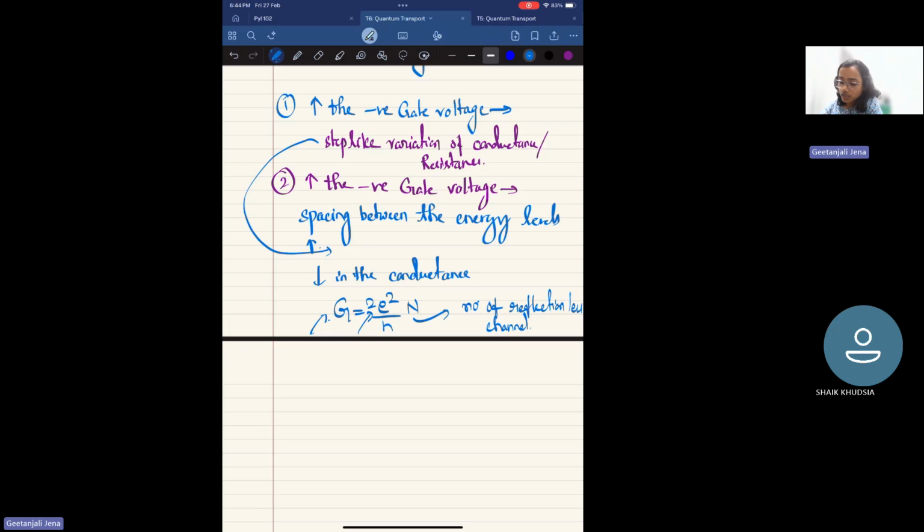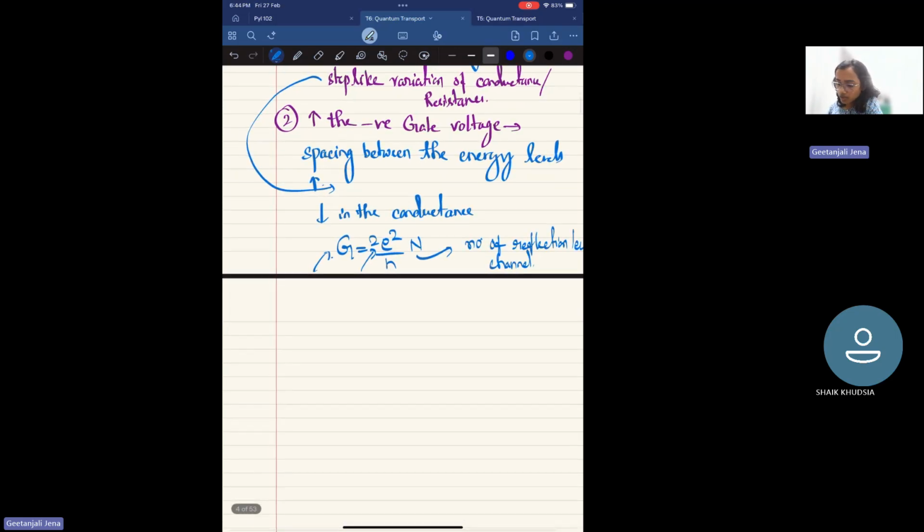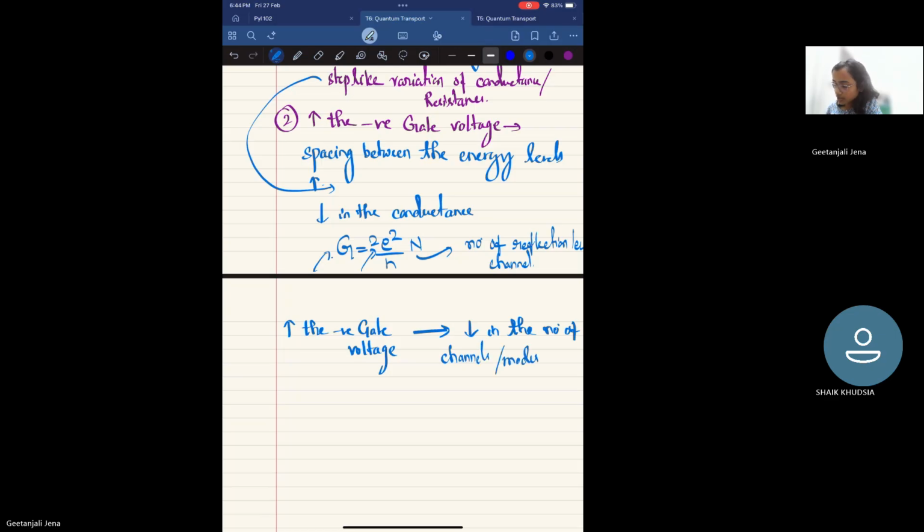Okay. So to summarize, when we increase the negative gate voltage across this constriction, this will lead to a decrease in the number of channels or number of modes that is available.